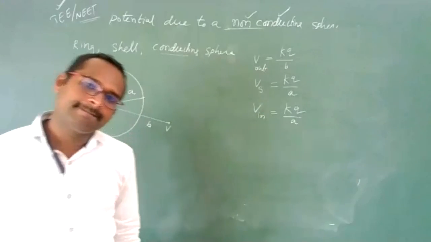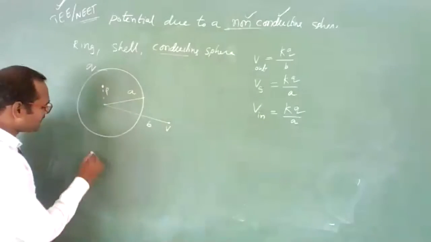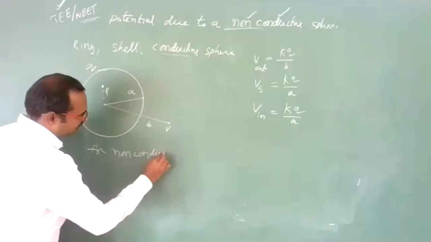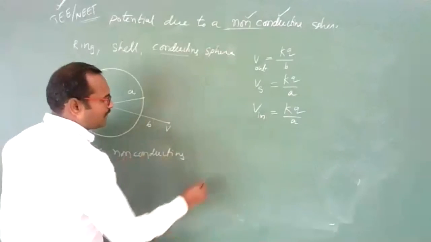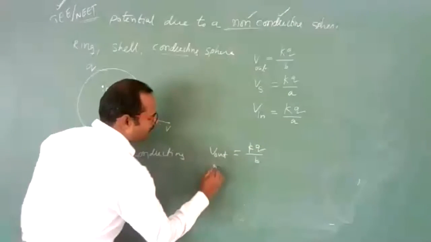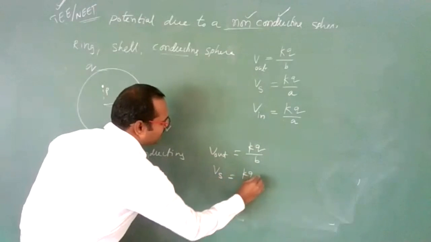Okay? Clear? Now if you consider a non-conducting sphere, the potential outside is again kq by small b. The potential on the surface is again kq by a.